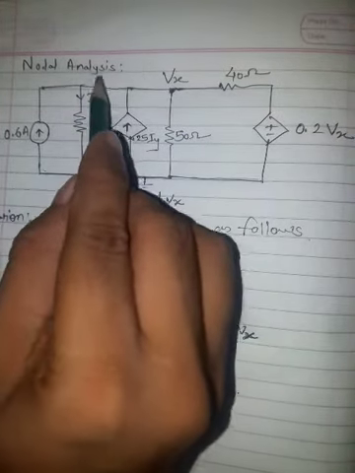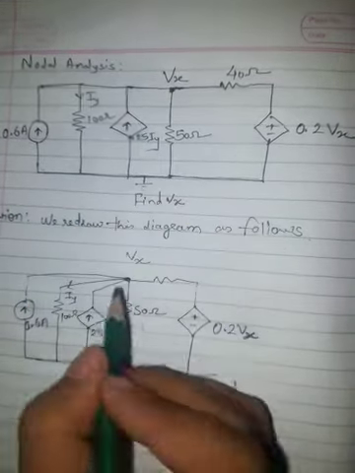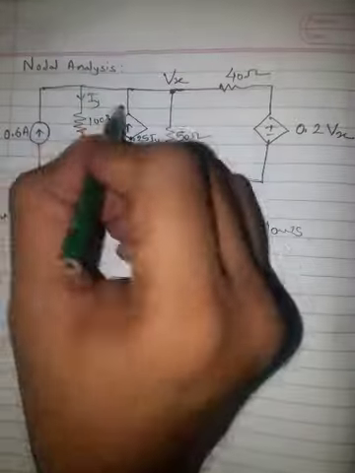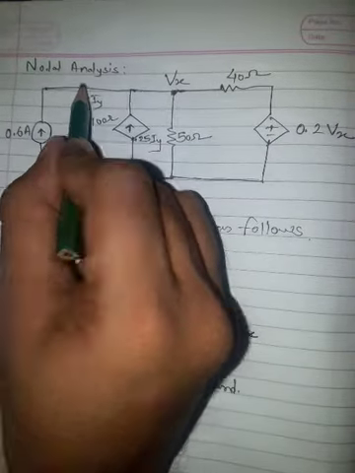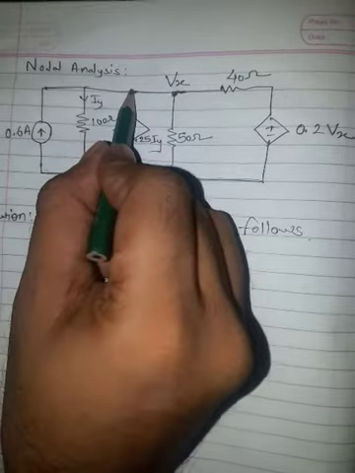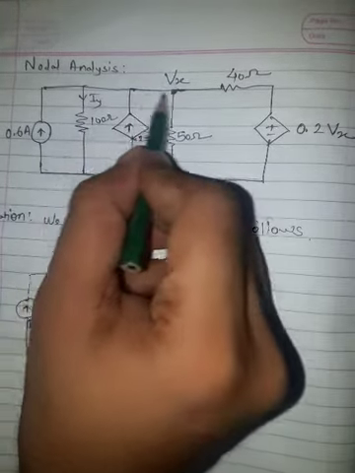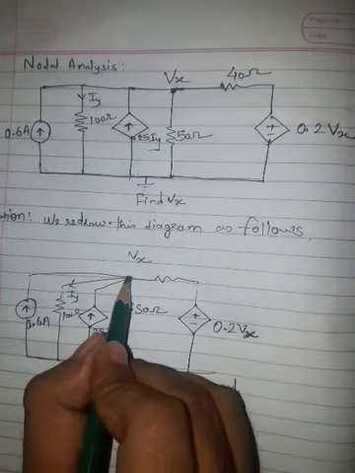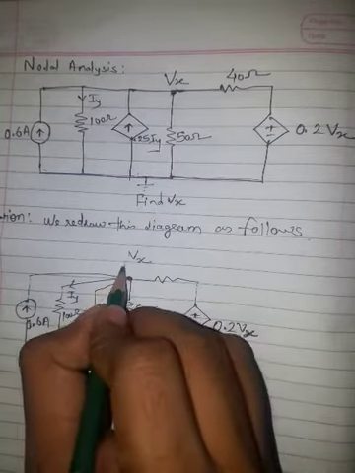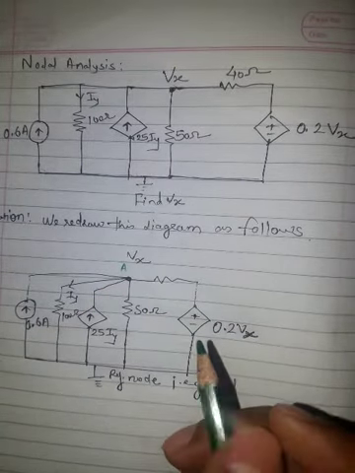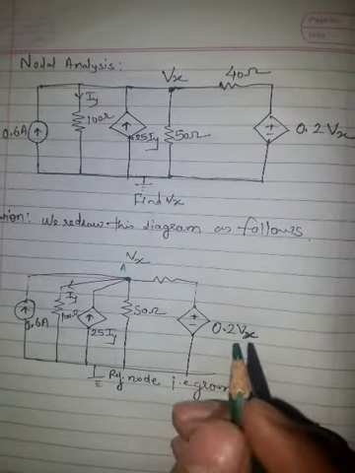We can say all these points are the same point. So even the voltage across the 100 ohm is the voltage between this point and this point, and since there is no network element, this is one point. Let's say this is point a, and the voltage between this point and ground is Vx.